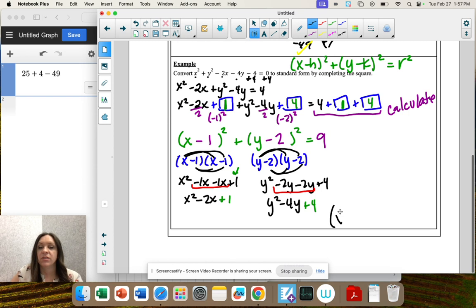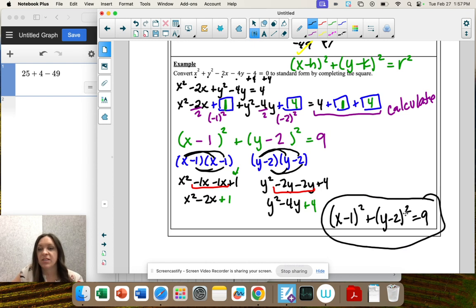So our standard form is x minus 1 squared plus y minus 2 squared equals 9. And from that, we can see the center is 1, 2. The radius is 3. So that's why we really like standard form. But sometimes things come in the other form and we have to convert them back and forth.